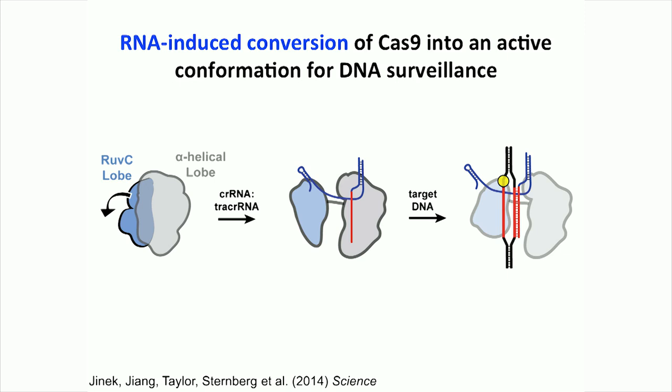And this was using a method called negative stain electron microscopy. And what you do in that approach is you take a molecular sample and basically apply it to grids that can be imaged using electron microscopy.